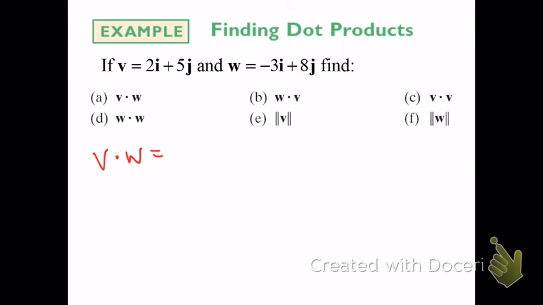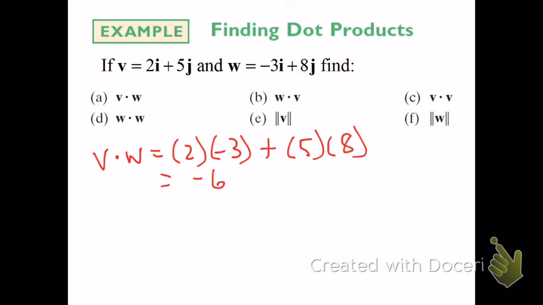So we have 2 times -3, the horizontal component of w. We've got the vertical components that we're going to add the product of here. So we have 5 times 8. And so that's going to be equal to -6 plus 40. So our dot product of those two is 34.